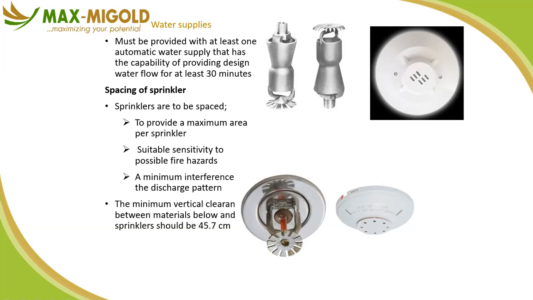As it breaks, it short circuits and sends a signal to the pump to start working. The pump starts working and water is released onto this line. The pressure is pushed into the line because it's already filled with water, and water starts spraying from this sprinkler, and then you have the coverage that you need. Next slide, please.